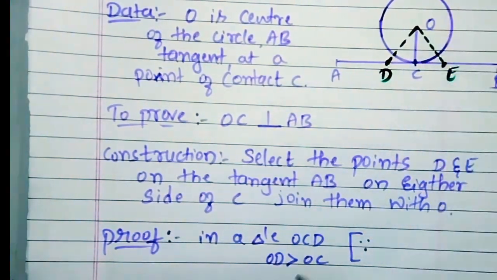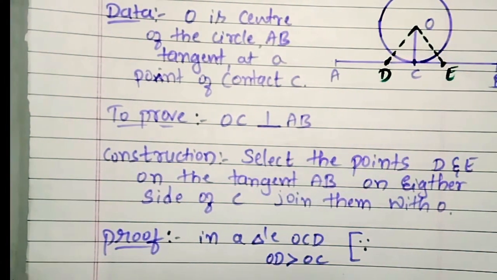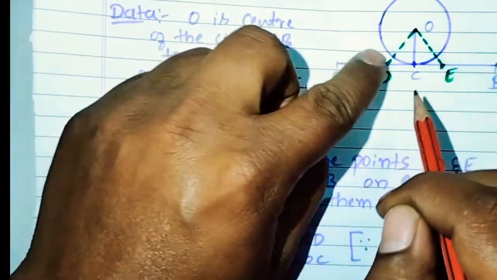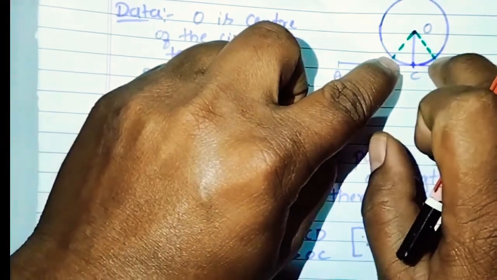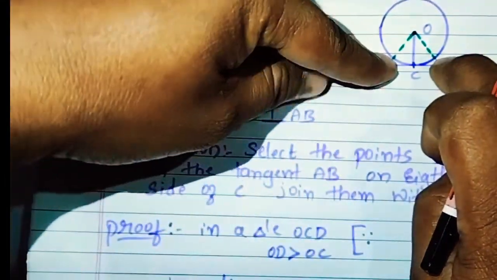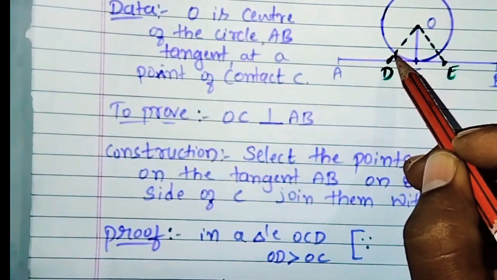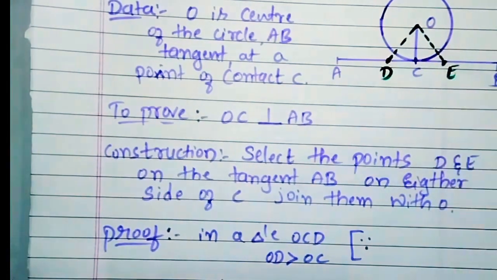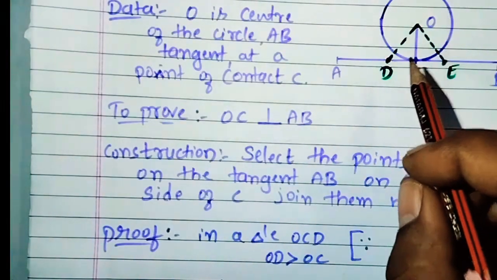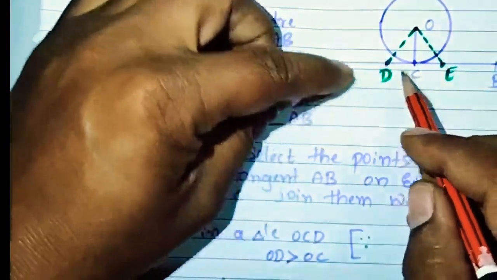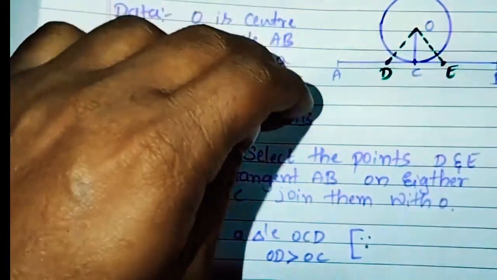So that's why these two are greater than OC. Do you observe? If the points are on the circle like this, then what happens? If the points are on the circle, then OD, OC and OE should all be equal. Is it right? All are equal.